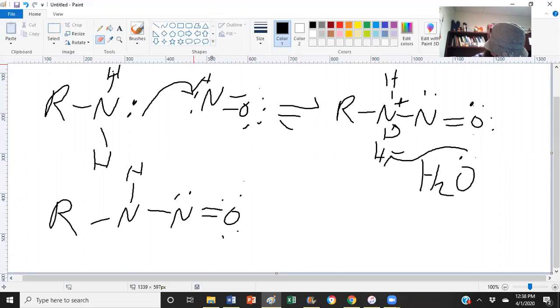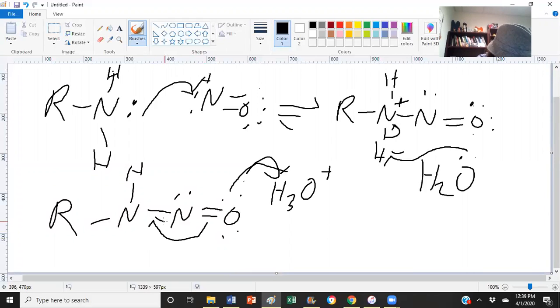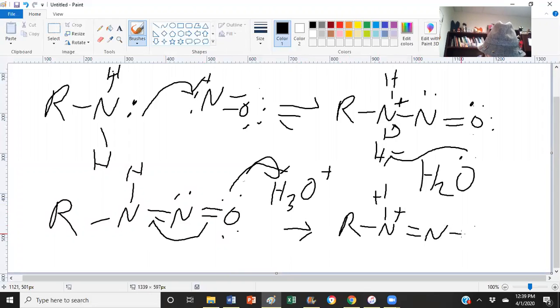From there, since we formed water, we formed an acid as a byproduct. That acid can now protonate by this, and this is going to swing over here. So we formed this compound. We have NH plus, double bond N, OH.